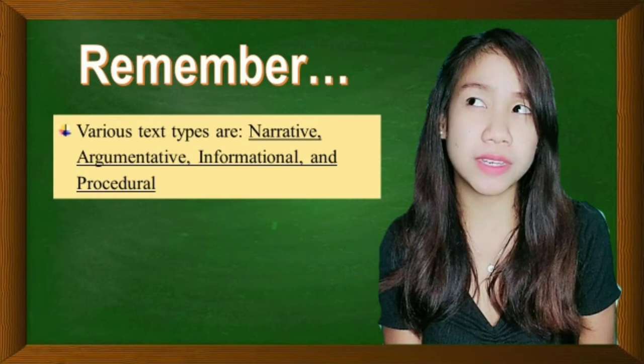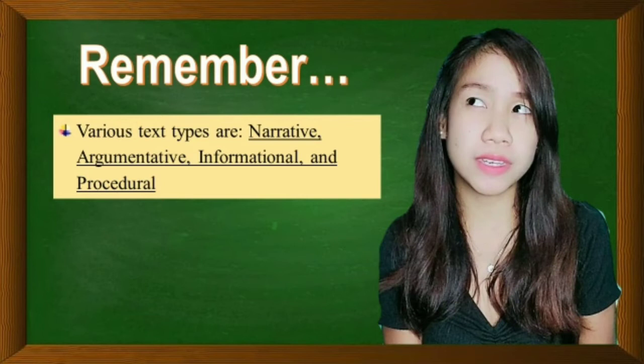Narrative text, this is the text that entertains the reader or presents a story, from the word narrate. It has a story to narrate. And for argumentative, this is a type of text which is similar to a persuasive text which aims to persuade and share a viewpoint for a specific audience.